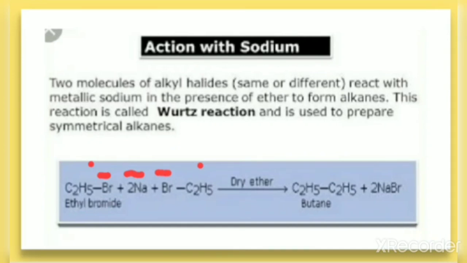So total there is a removal of 2NaBr and the product formed is, the alkyl group C2H5 and C2H5 get bound to form butane. So this is the formation of product, that is the hydrocarbon.